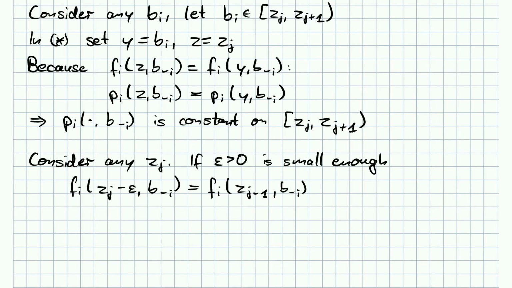And what does this now mean? This now means that when I bid epsilon less, I'm paying as much as I'm paying when I bid zj minus 1.